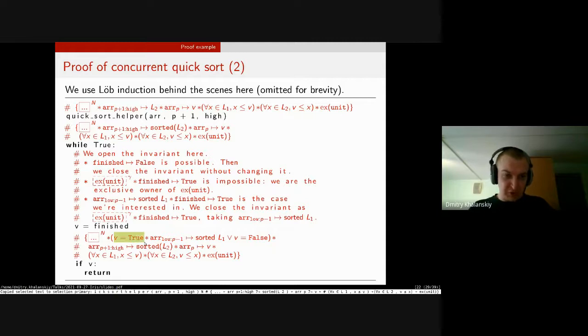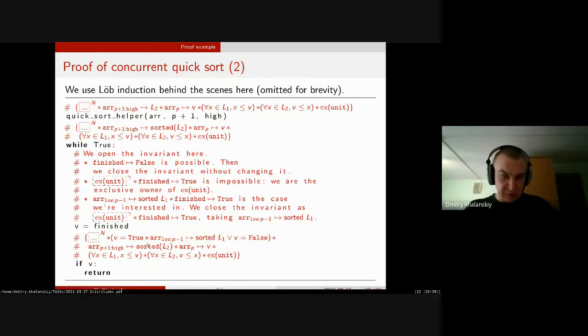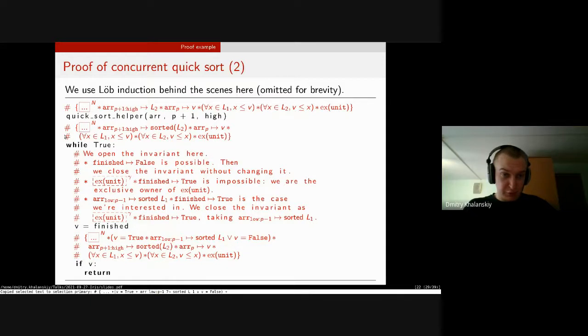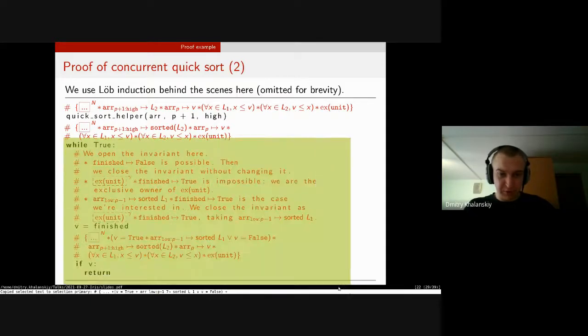Or we have read the true value and we can take out the knowledge that the other thread has finished with its part of the array. And so after this loop, we can proceed as usual in proving the quicksort specification.